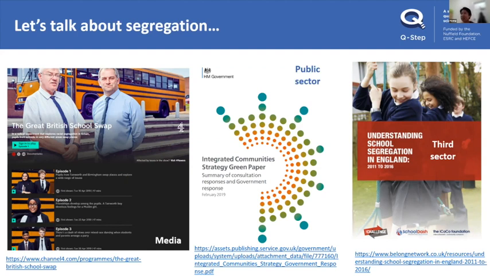The places where they live and where they go to school are actually quite near, but apparently there's a lack of intergroup contact, so the less diverse ethnic composition in schools is also reflected. It's also addressed in reports from the public and the charity sector. You can see on the right side, Understanding School Segregation in England.